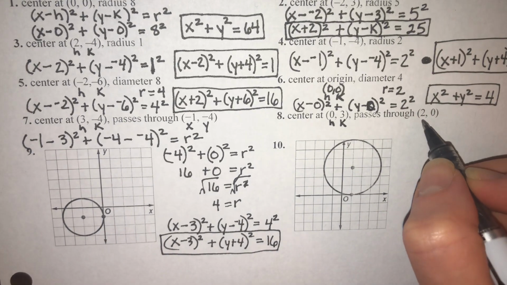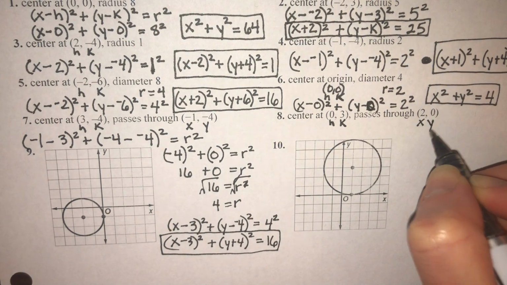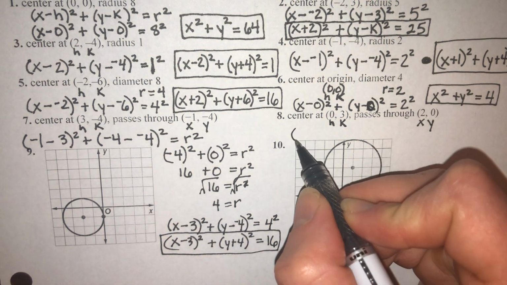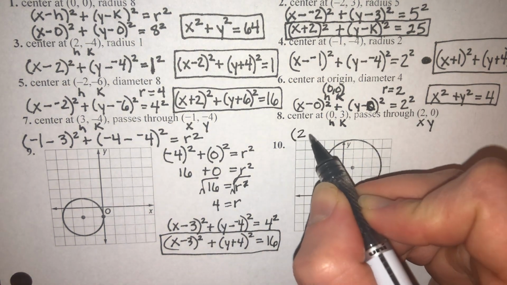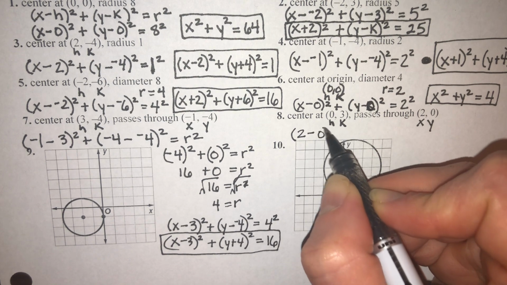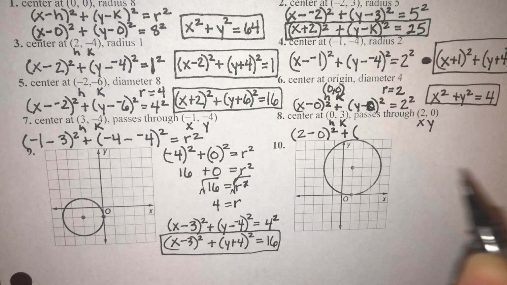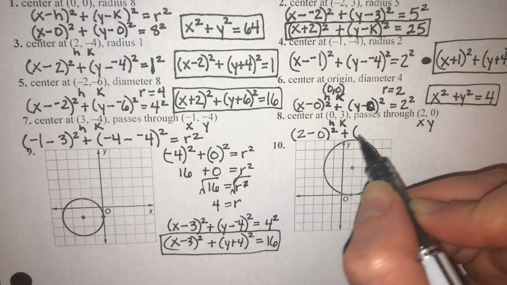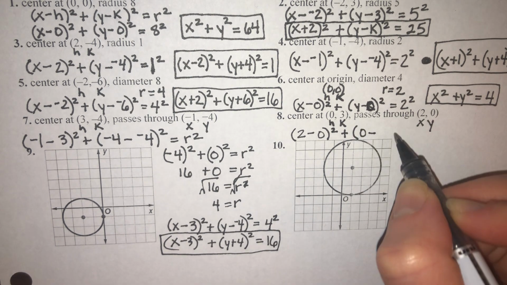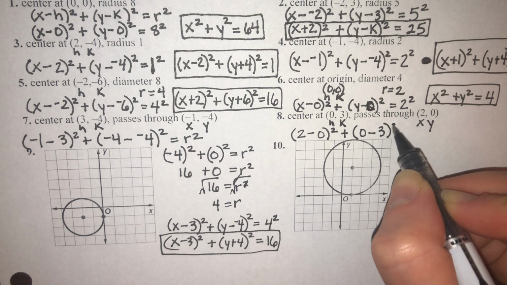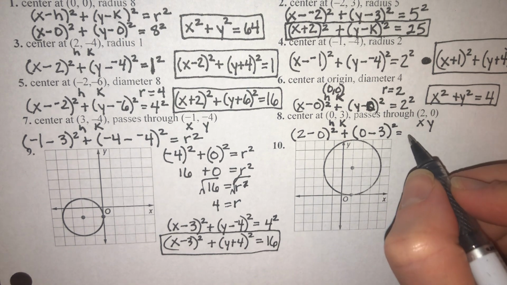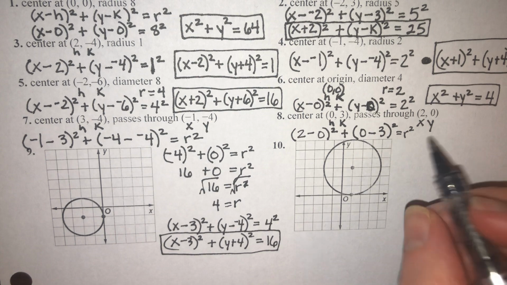And then we have another point given, x, y. So we'll write x is 2 minus h is 0, close parentheses squared, plus new parentheses, y is 0, minus k is 3, close parentheses squared, equals r squared.